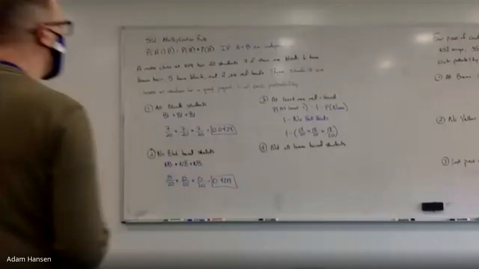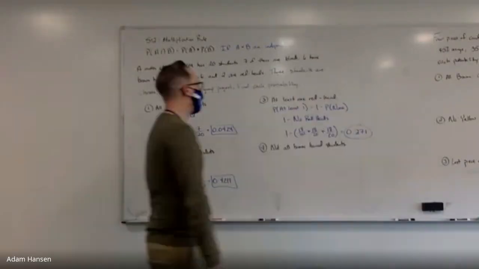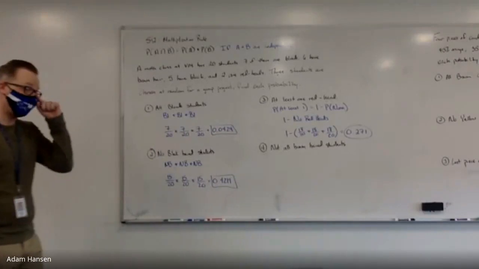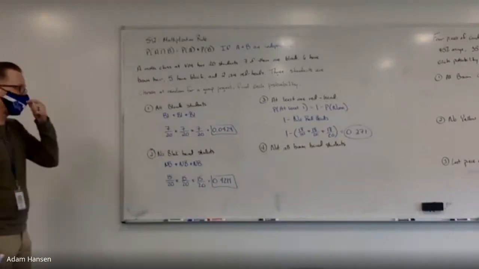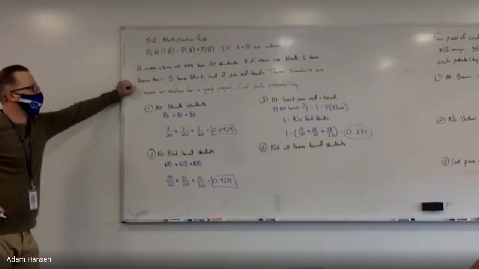That's 27.1%. These are a little bit backwards. At least one means you can't have none. So take the chance of none and subtract.